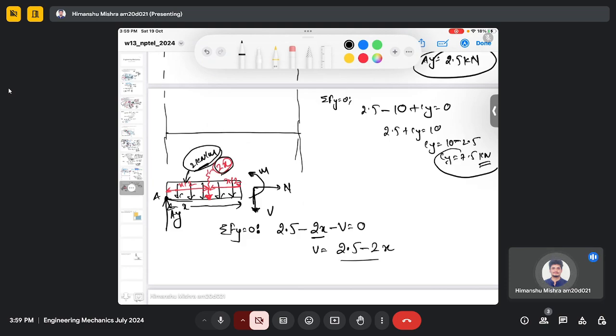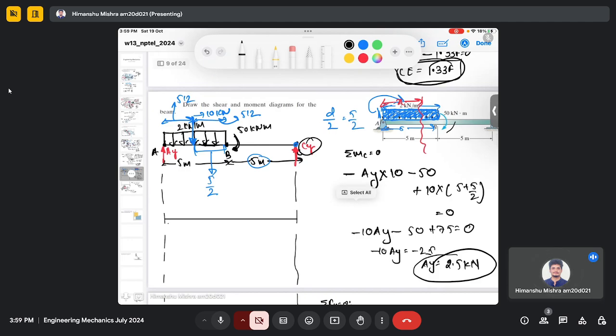I am writing my equations in terms of x, because there is an advantage: when you keep changing x, you will get different V and different M. So for varying x, along this x direction, you can easily plot the V here.